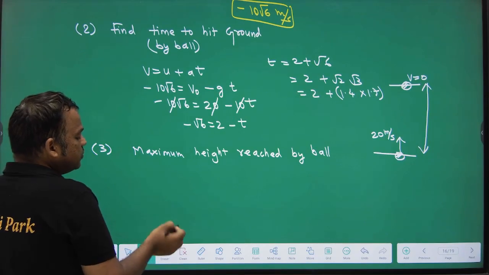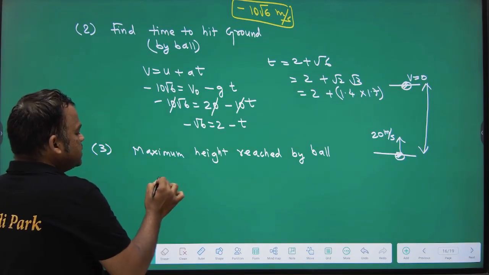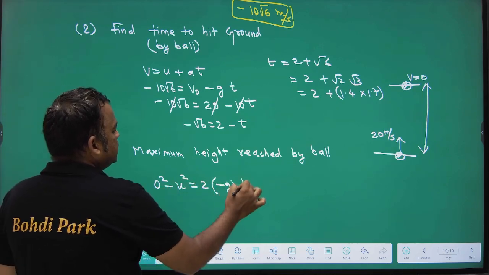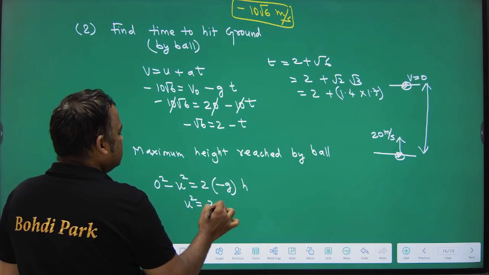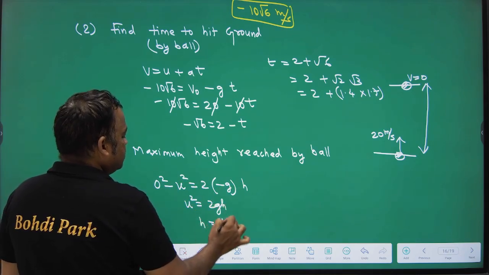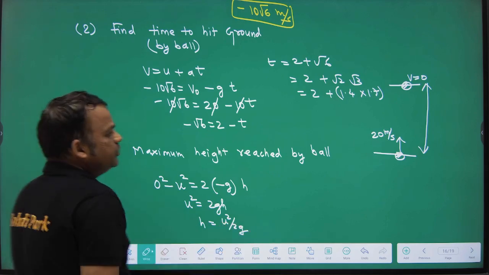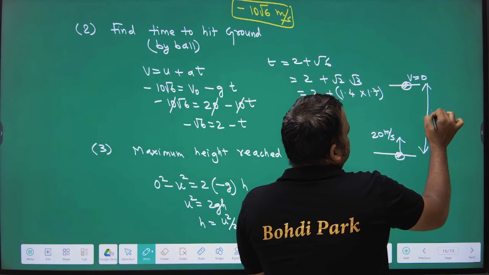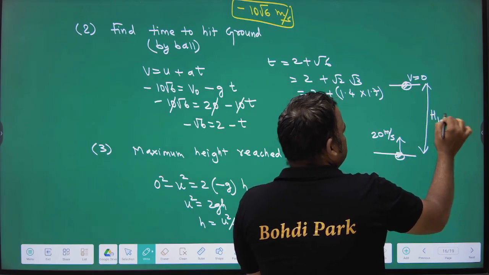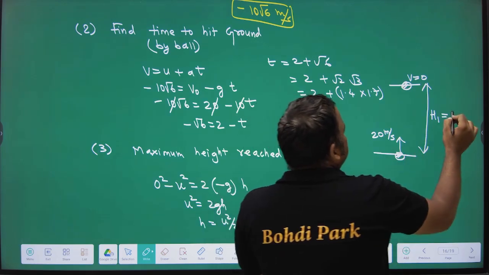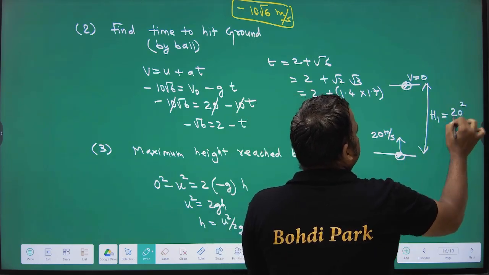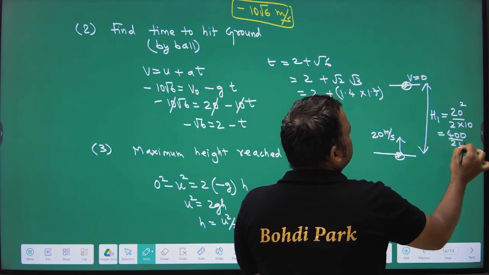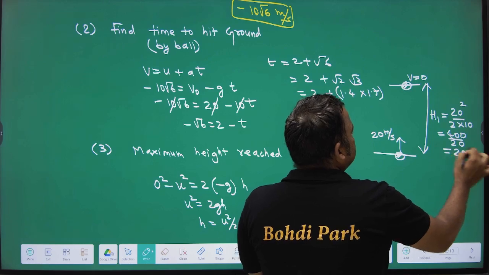If something is thrown with velocity u, so 0 square minus u square is equal to 2 into minus g into h. So u square is equal to 2gh. So h is equal to u square by 2g. So it is thrown with velocity 20. Let's suppose this height is h1. So h1 is equal to u square by 2g, that is equal to 400 by 20, that is equal to 20 meter.